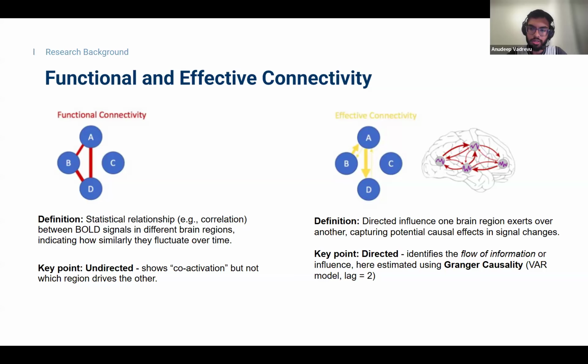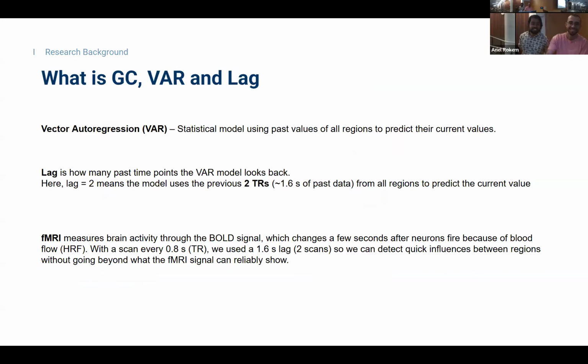If we go to the next slide. Right, so the way Granger causality works is we use a vector autoregression model. It takes past values of all regions and predicts the current values. We have used a lag of 2. In this case, the repetition time was 0.8 seconds in the MRI data.